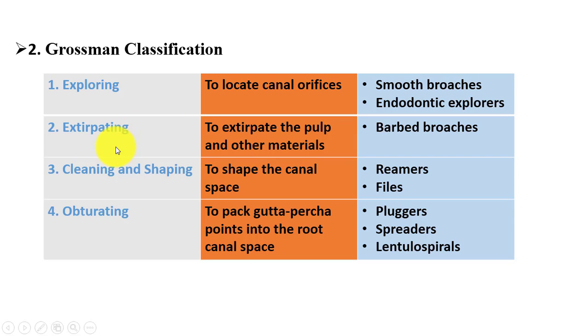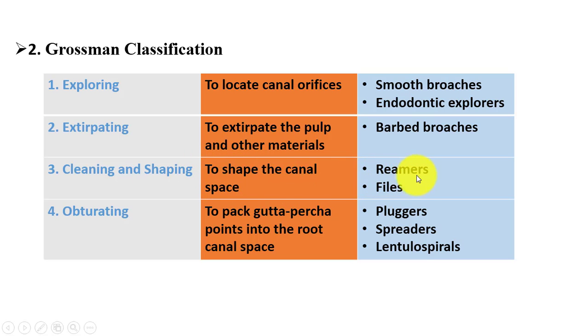The second is extirpating instruments. Their function is to extirpate the pulp and other materials, like barbed broaches. The third group is cleaning and shaping instruments. As the name says, they are used to shape the root canal space.